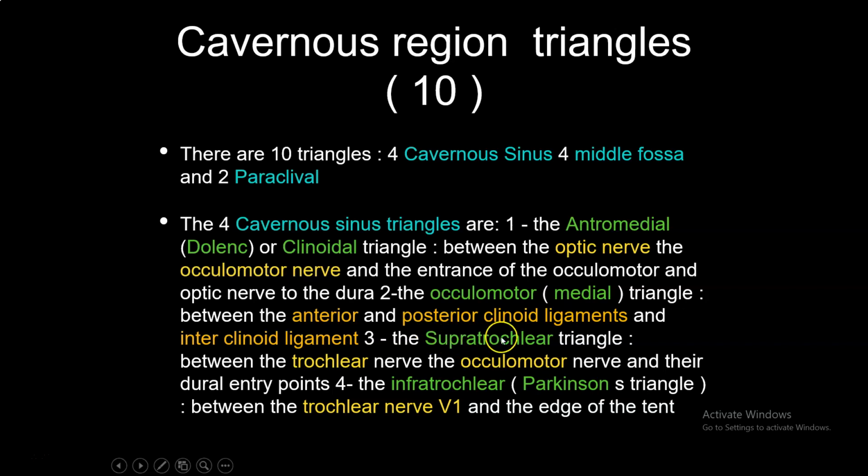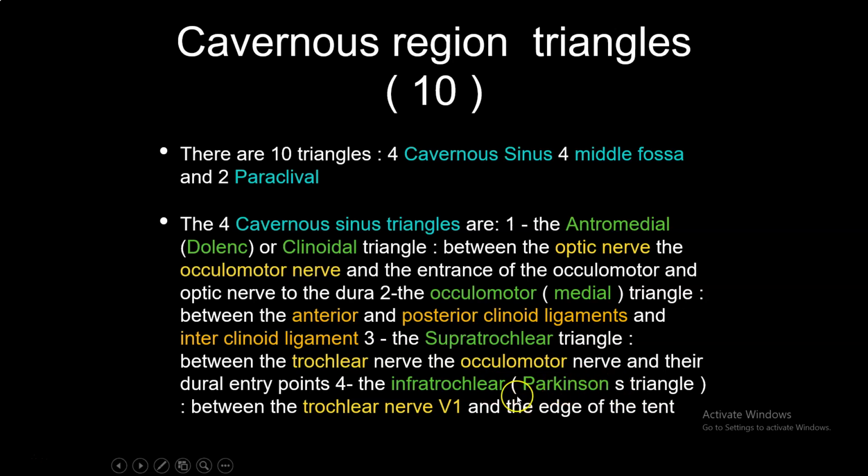Then the supratrochlear triangle, these are the cavernous sinus triangles, above the trochlear nerve, so it is between the trochlear and the oculomotor. And the infratrochlear is below the trochlear nerve, so it is between the third and fourth superiorly and V1 inferiorly, and is called Parkinson's triangle.